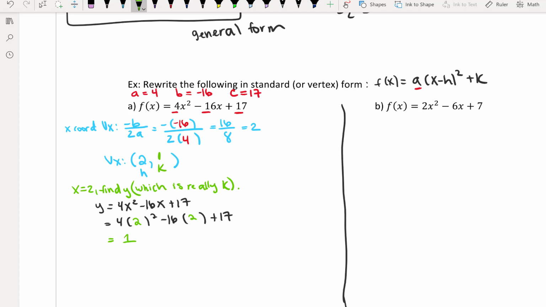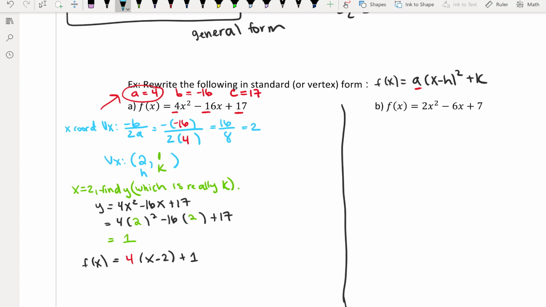So I'm like, perfect. Now I know exactly how I'm going to be rewriting this. So I really have that f of x is equal to that a value. Remember, the a value was already given to me. That was 4. And I have my x minus that h value, which is 2, plus my k value, which is 1.